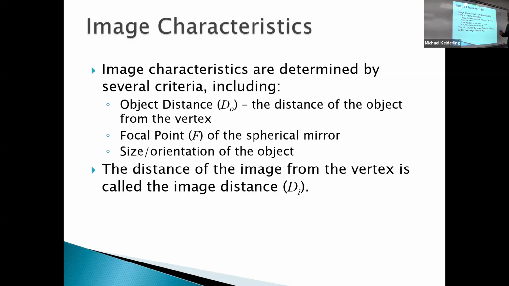And the distance of the image from the vertex is called the image distance. And if you know the focal length and the object distance, you can find the image distance with this formula. 1 over focal length is 1 over distance to the object plus 1 over distance to the image.